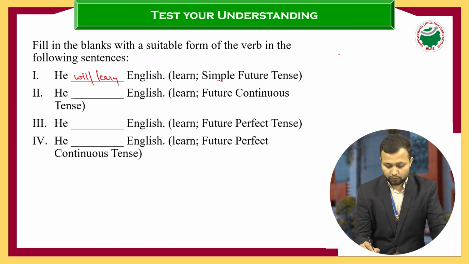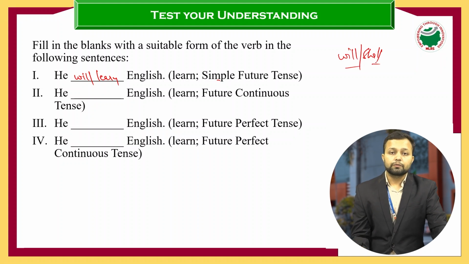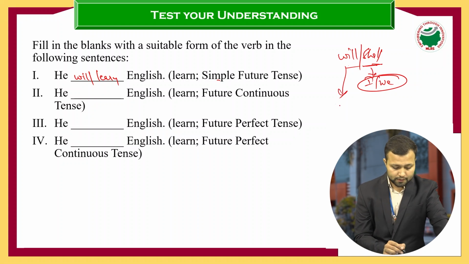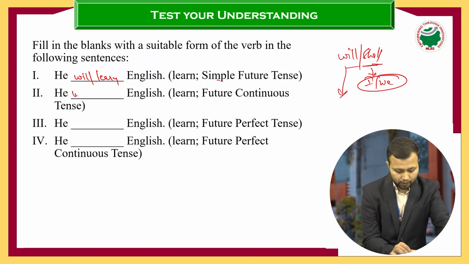Because we know will or shall is used in the case of simple future tense. Now, where do you use which? Shall is used with I or we, and with all other subjects we are going to use will.